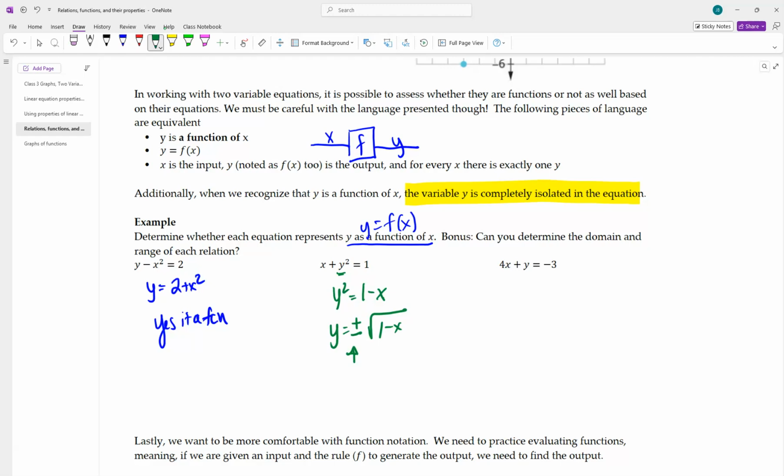Because of the plus and minus, right, I have 1 x, I pick negative 3 for x, run it through, I get out plus and minus 2 for y. Because I get two y values for one x value, this means that it's not a function.